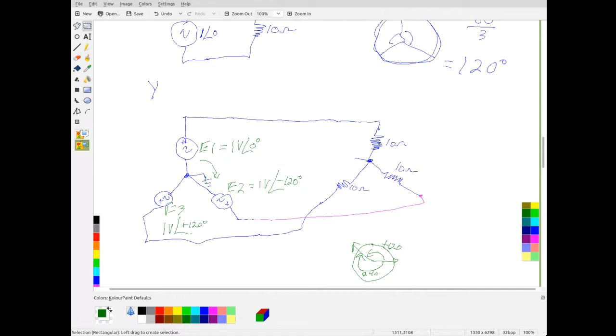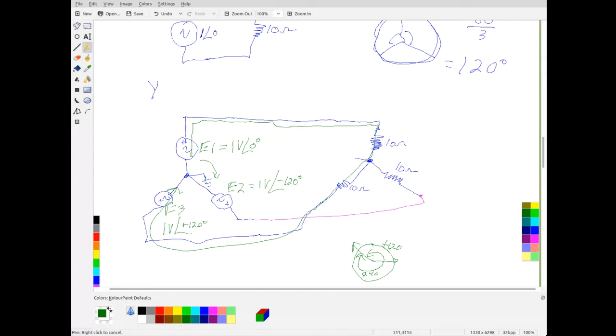All right, given that, let's think about Kirchhoff's voltage law for a minute. If I don't have this ground connected, Kirchhoff's voltage law doesn't care about ground. Kirchhoff's voltage law says that the voltage around a loop is equal to 0.